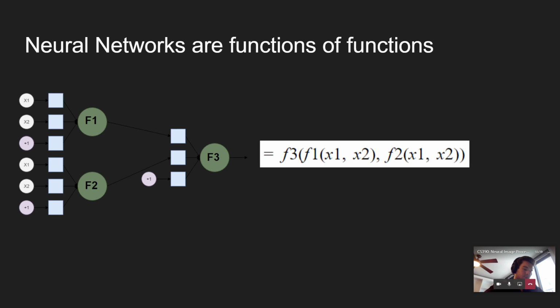So in this case, let's look at our F3 here. The output of this entire network is going to be F3 of F1 and F2 of the input. So if you wanted to build it up the other way, X1 and X2 get put into this F1 function. X1 and X2 also get put into this F2 function. And then both of those outputs are fed into our F3 function.